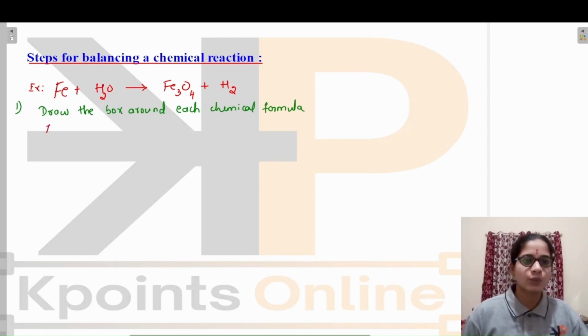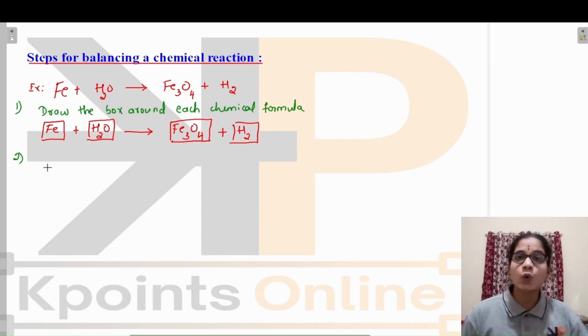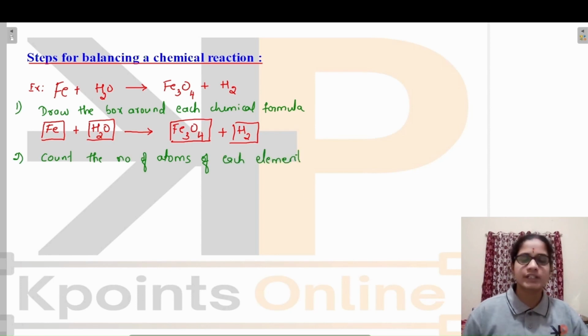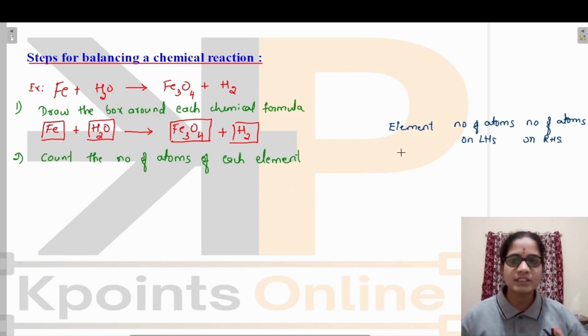If you alter the subscripts, then the identity of the molecule or compound will change. Now in the second step, count the number of atoms of each element. I will write here: element, number of atoms on LHS, and on RHS. What are the elements present here? Iron, hydrogen, oxygen.